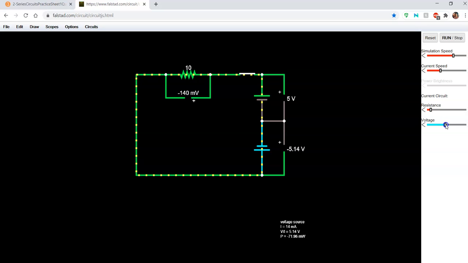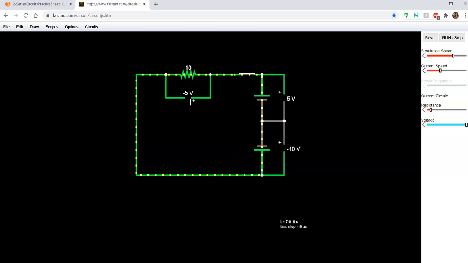So if I continue to increase the voltage on my second battery all the way up to the full 10 volts, now you can see that I have been able to reverse the flow of current.